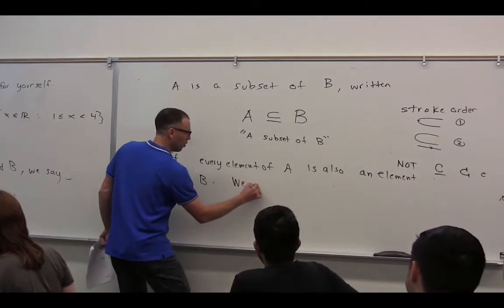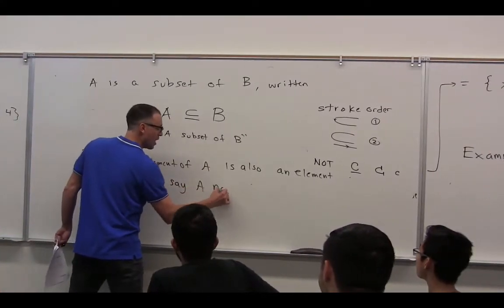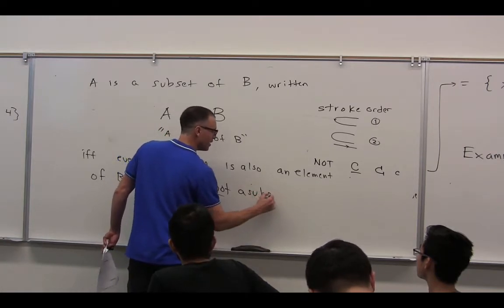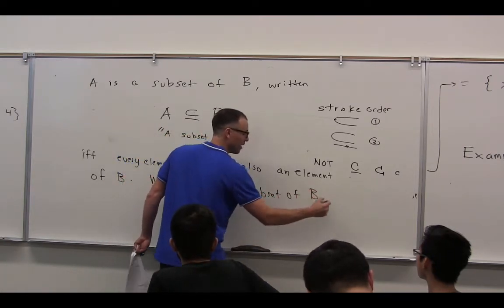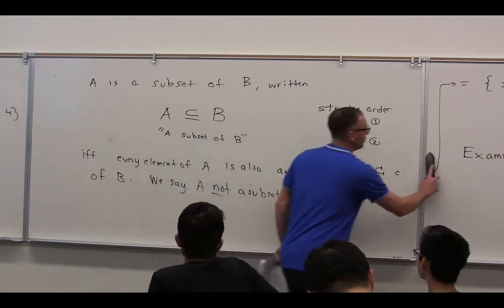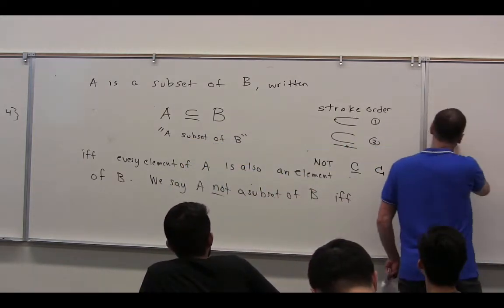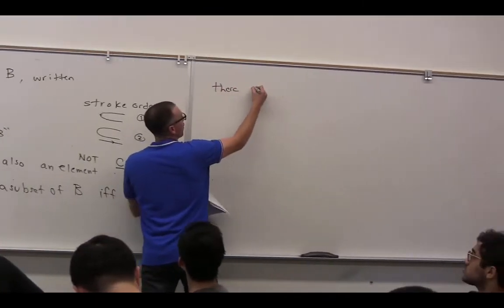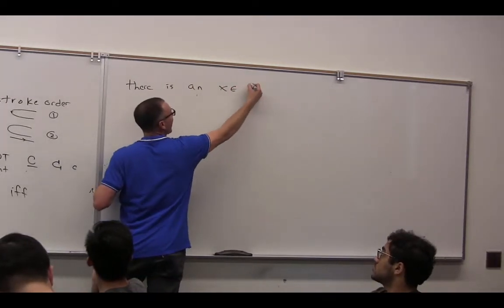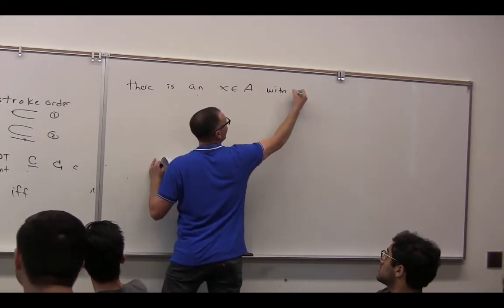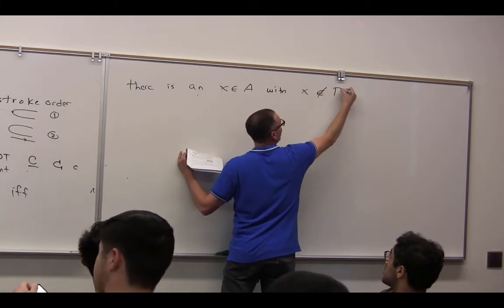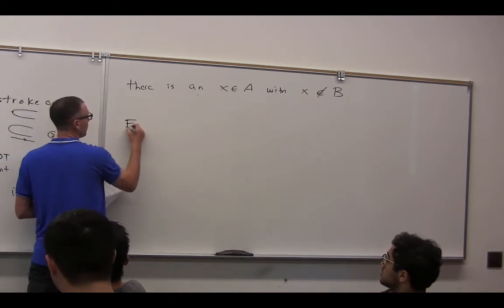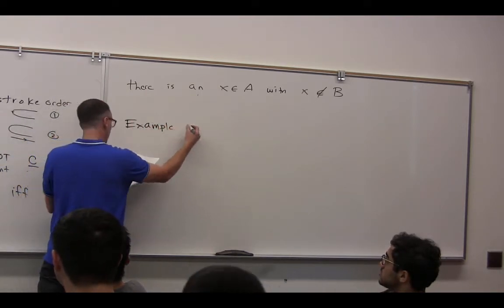We say A not a subset of B if, and only if, there is an X in A with X not an element of B. Okay? So we're going to do 2 more examples, then we'll talk about a proof mechanism, and then we'll wrap up.